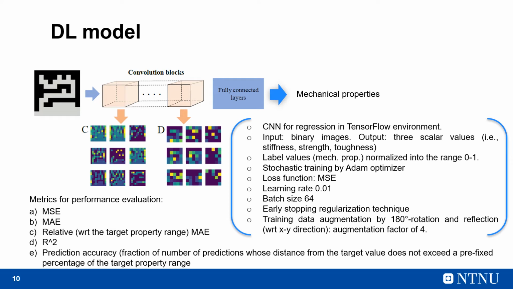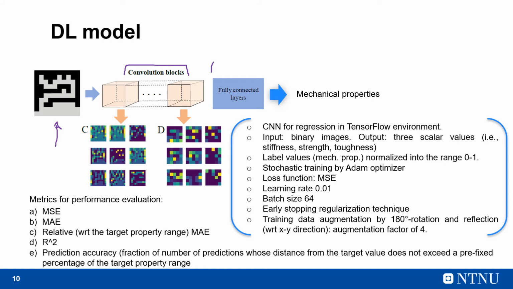Some details about the deep learning model. So here you can see a scheme of the deep learning model. We have as input one image which represents the interlocked geometry, and then some convolutional blocks which are made of convolutional layers together with average pooling layers and batch normalization layers.